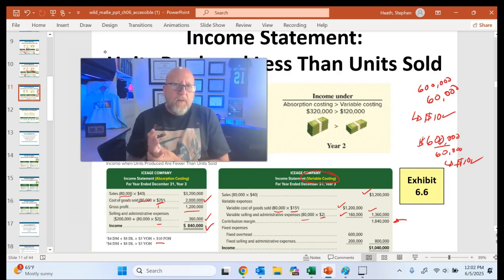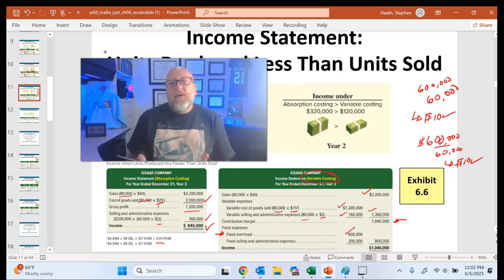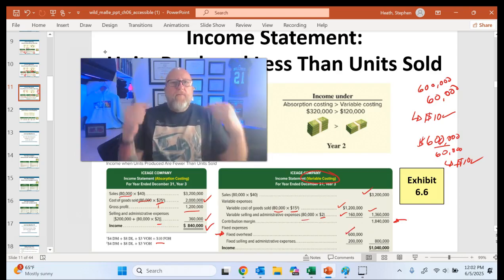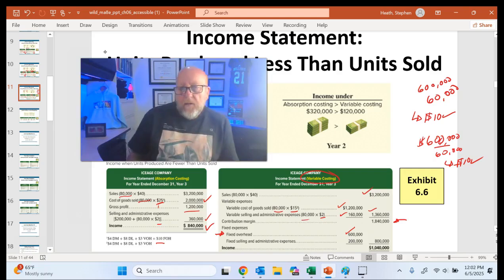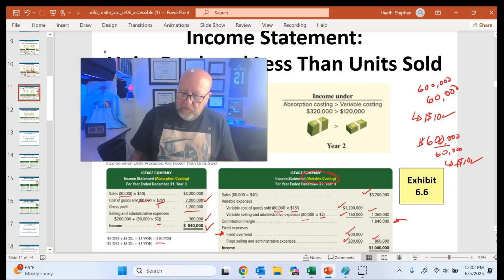And then again, in our variable costing, we are going to treat all fixed expenses as period costs. And so we will have 600,000 in fixed manufacturing overhead from this year and 200,000 in fixed SG&A from this year for a total of 800,000.